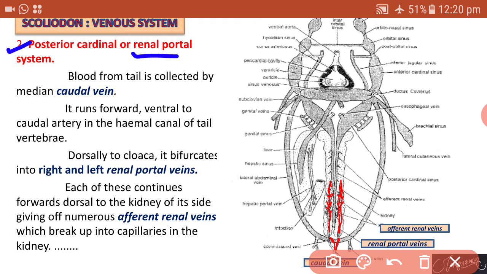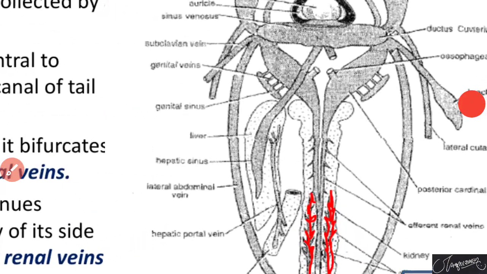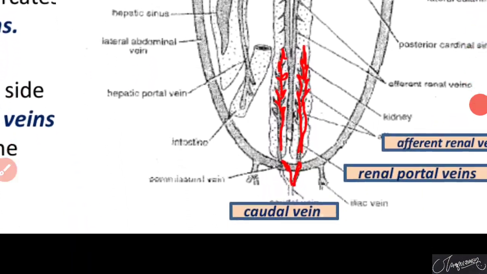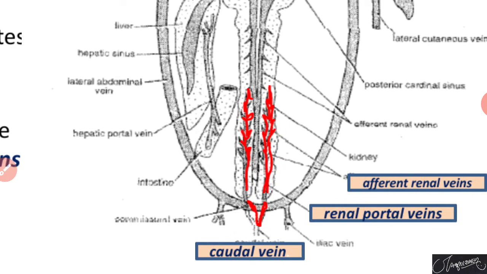This posterior cardinal, also called the renal portal system, has some blood vessels which collect blood from the posterior part of the body.